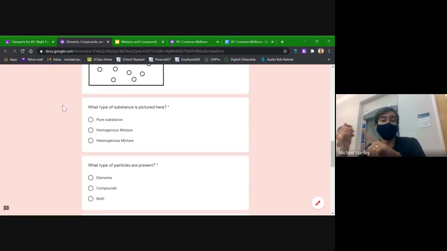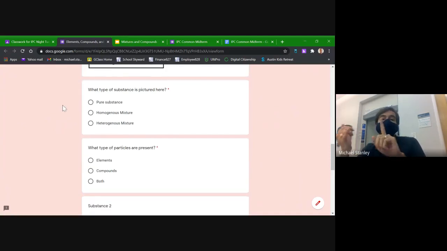So is it a pure substance? Is it a homogeneous mixture? Or is it a heterogeneous mixture? And then you also have to tell me, are there elements present? Are there compounds present? Or are both elements and compounds present in this substance?